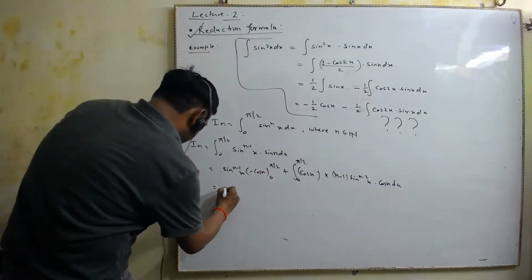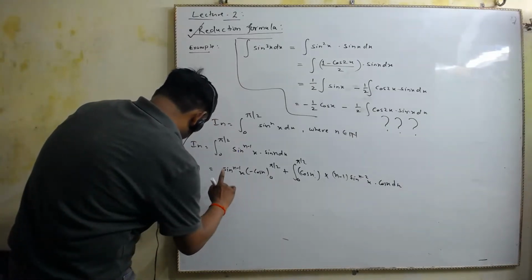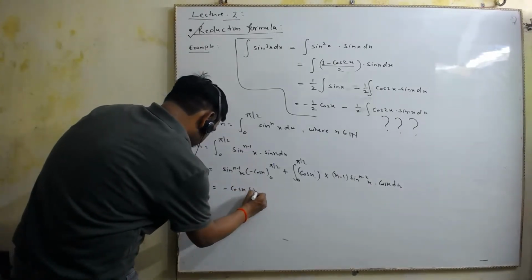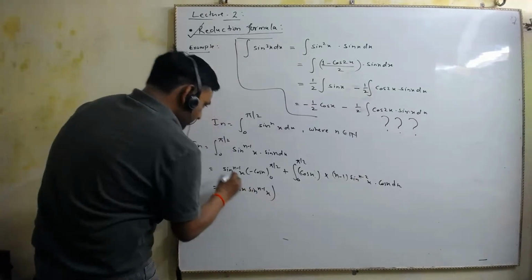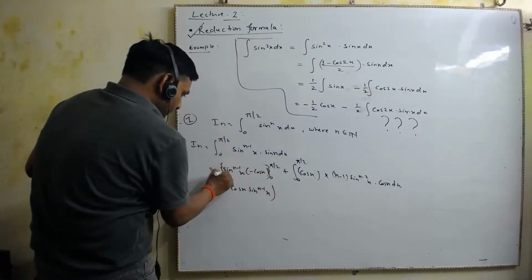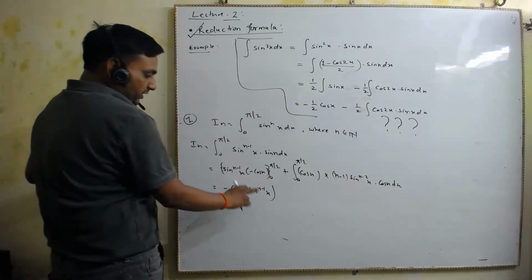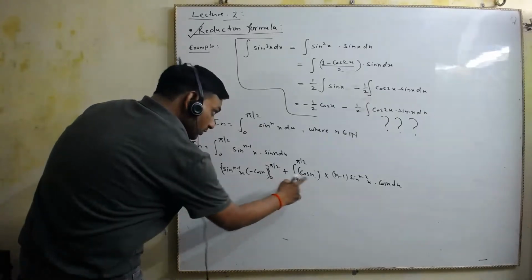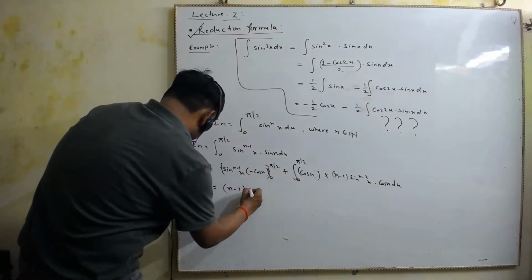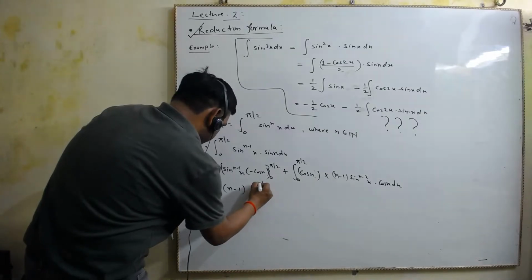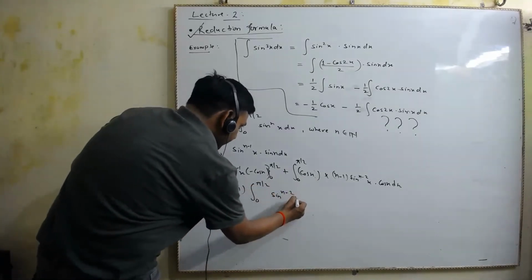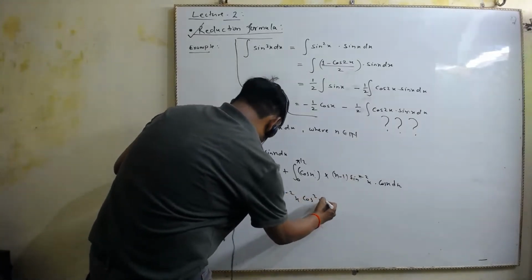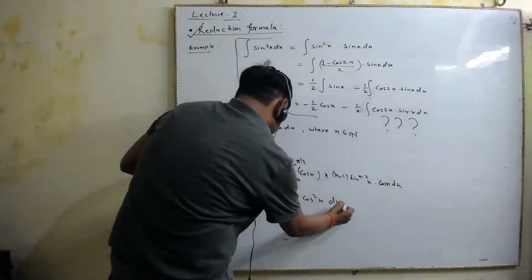So ultimately we will have minus cos x into sin^(n-1) x over the limits, and since sin 0 gives 0, the whole term becomes 0, right? Ultimately we will have (n minus 1) coming outside, the integral from 0 to pi by 2 of sin^(n-2) x, this will become cos square x dx, right?